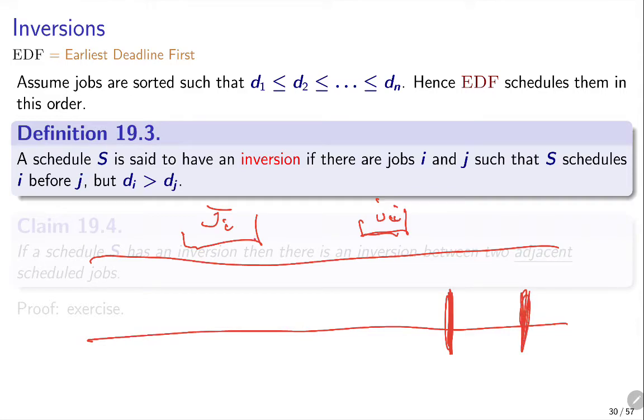And this is a feasible schedule. So assume this is the deadline for the first job, and this is the deadline for the second job, right? So they flip, their inversion, right? The first scheduled job, its deadline is later than the second job, right? So this is not very natural, right? Because in scheduling, it's much more natural to flip it, right?